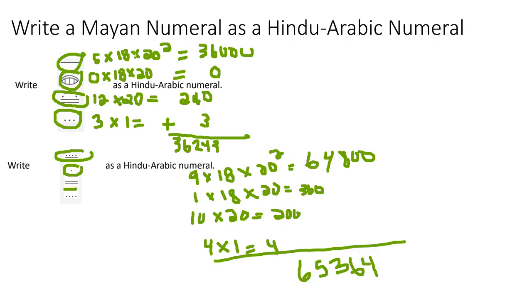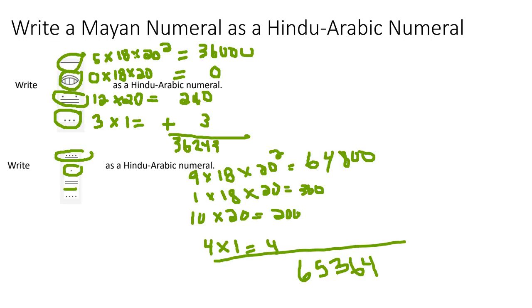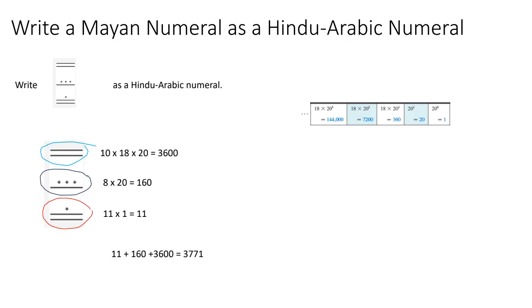All right, so let's go to the next one. So now we want to write 7,495 as a Mayan. And so we want to make sure that we look at this right here. And so what you want to do first is write those place values. So we're going to have the ones place, the 20th place, 18 times 20, which is 360.